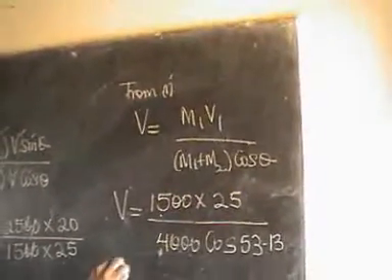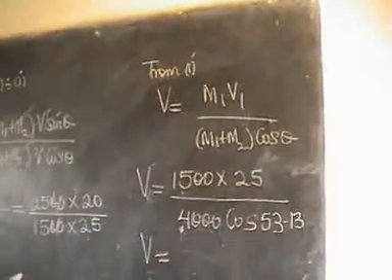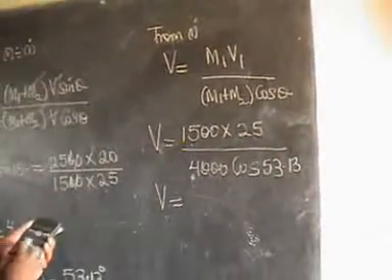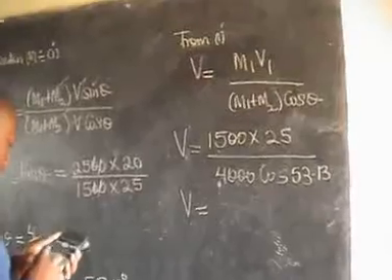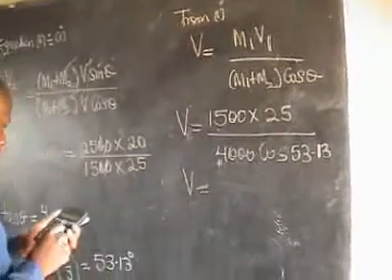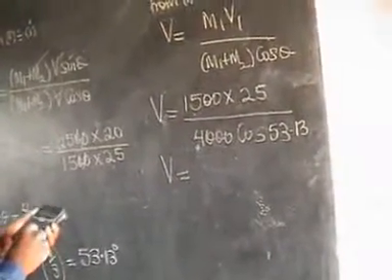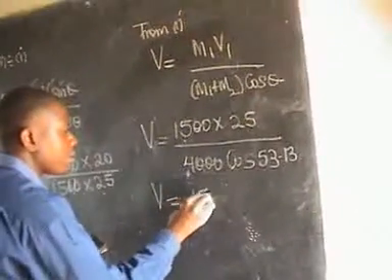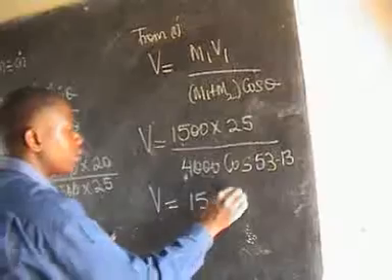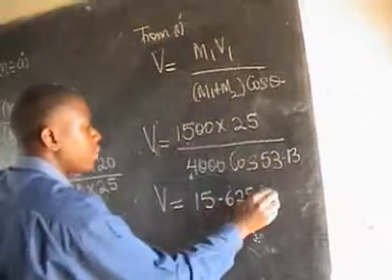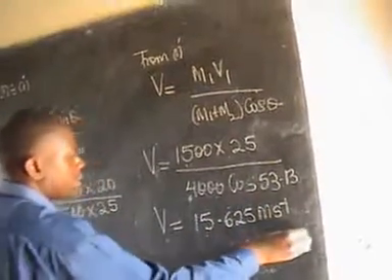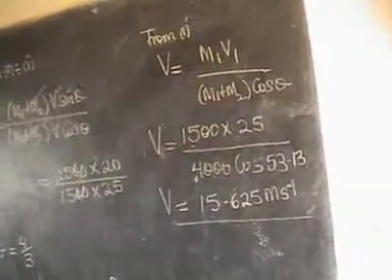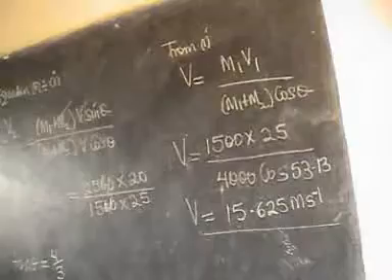So v is equal to 15.62 meters per second. So that will be the answer to that speed.